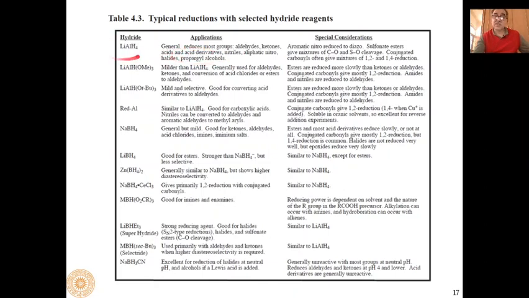So the selectivity of lithium aluminum hydride is very low. So to make it more selective, one or more of the hydride ions are replaced by alkoxy groups, and we will get milder substituted lithium aluminum hydrides, and they are more selective in comparison to lithium aluminum hydride.